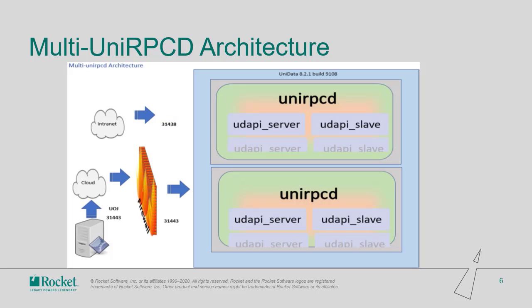But the new piece we have here is the ability to start an additional UniRPCD process on a user-defined port. 31443 is a good choice since usually that 443 port's associated with secure connections, but it can still be configured to whatever port you want that to be.